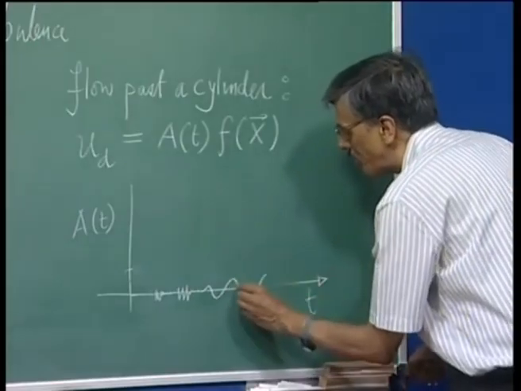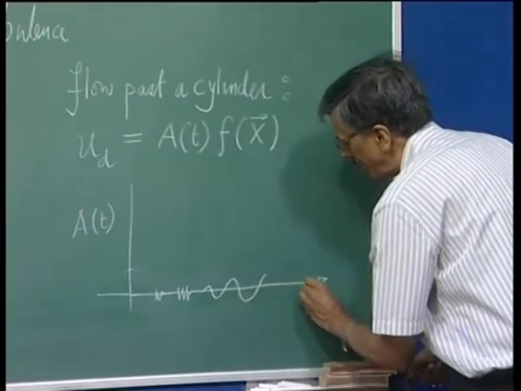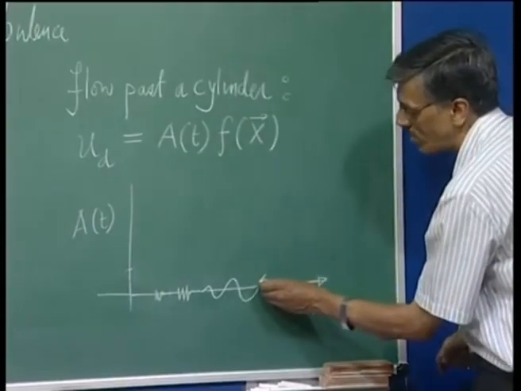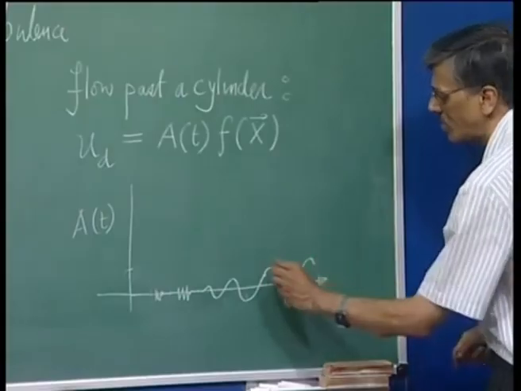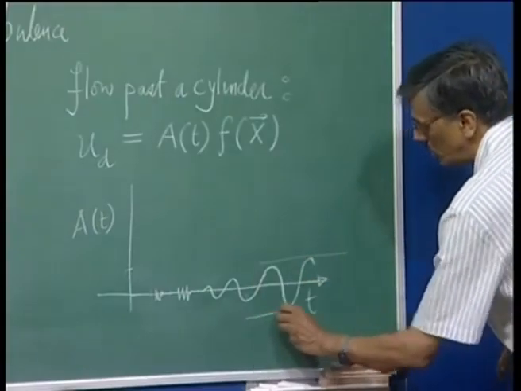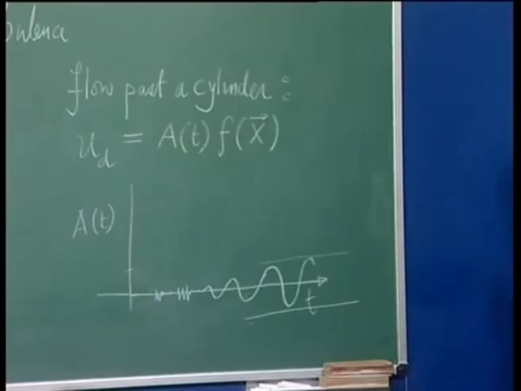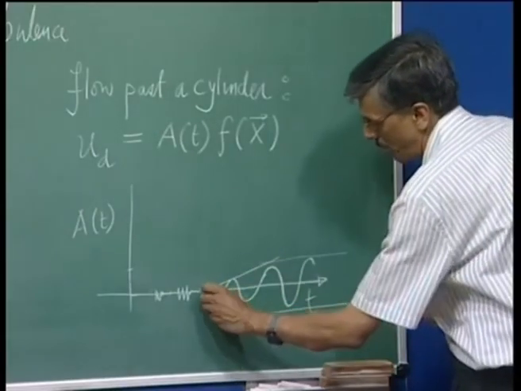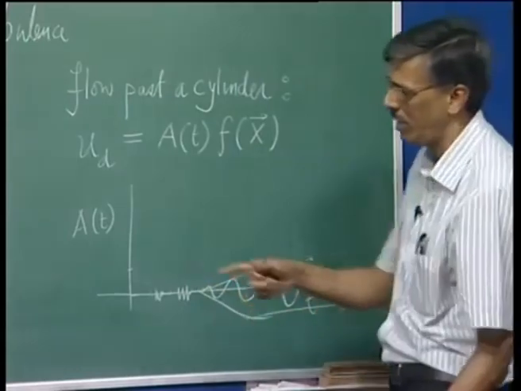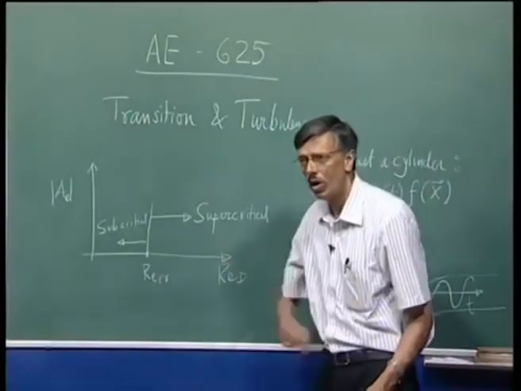So, this is what we meant by bluff body flow instability, and then it just saturates to an envelope, and this growth of the amplitude curve is what is of interest.